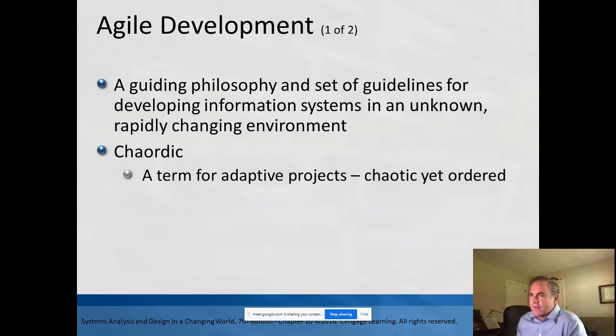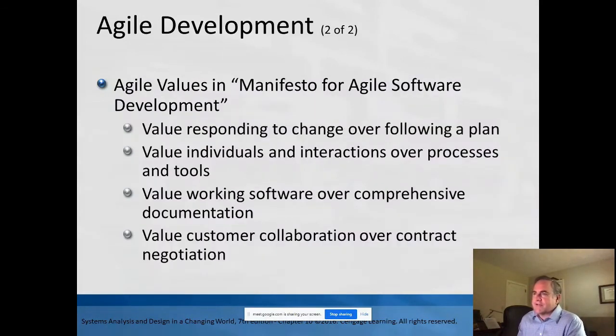It revolves around the extreme end of knowing the requirements or not knowing the requirements, and it assumes not knowing at all, and massive continuous change. So in other words, you have to be agile to work with that. Chaotic, or this is chaotic yet ordered. This is the kind of the guiding principle of agile development.